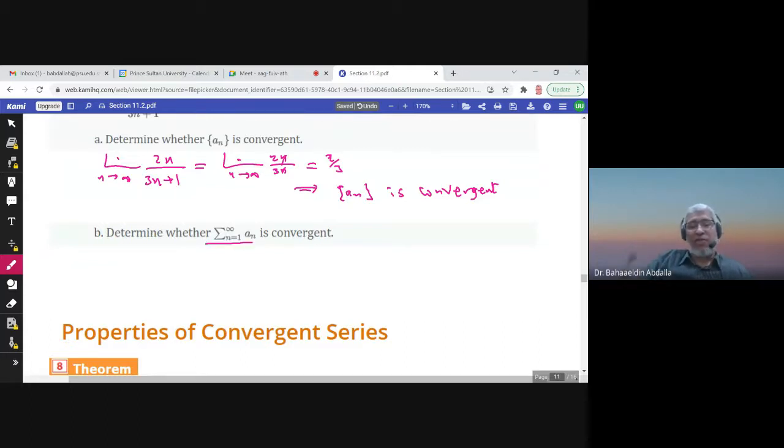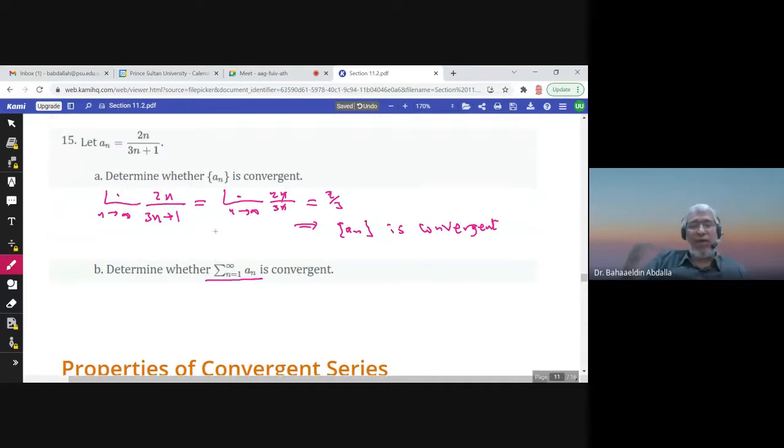Now, is the series convergent, where an is the same an here? So the answer is no. The series is divergent by the test for divergence, since the limit of an when n goes to infinity is not zero, because we found the limit of an in part A and it's 2 over 3, it's not zero.